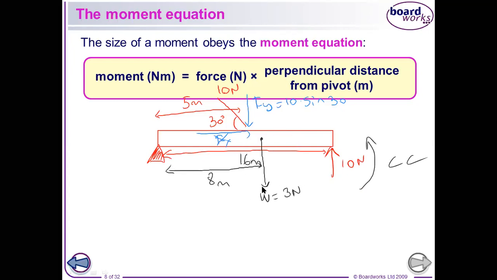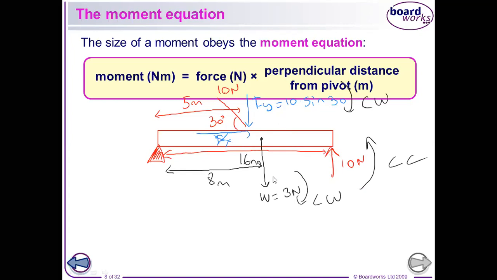Clockwise. How about the Y component of this force? Clockwise. Again, clockwise. So is this all, I think, right?